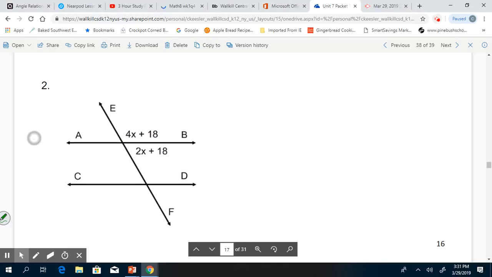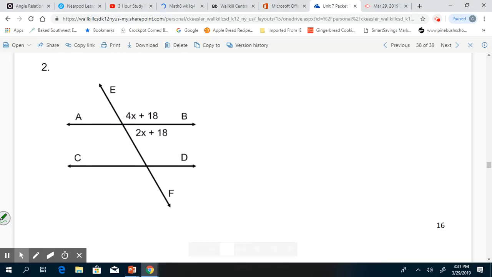Okay, so in number 2, we have two angles right next to each other. We have this obtuse angle and this acute angle. Together, they are supplementary and form a straight line. So since we know we have two different size angles, we know they have to be supplementary in this case. Supplementary adds up to 180, so we write our equation, 4x plus 18 plus 2x plus 18 equals 180.